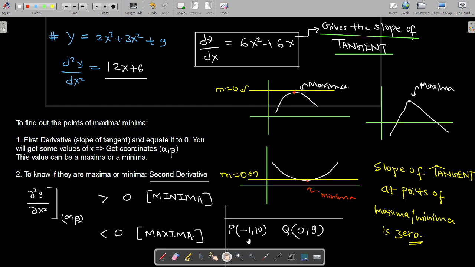And why? The steps are written crystal clear in front of you. If you don't understand something, ask me. It's a minima because it's less than 0.